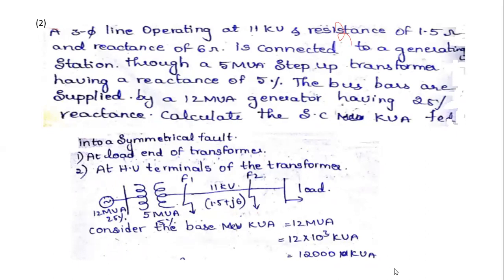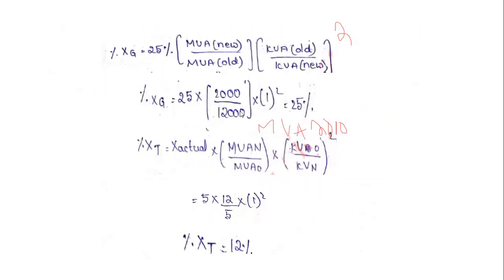In this question, the MVA rating is 2000. Then we substitute 2000 by 12,000 into 11 by 11 whole square. That is equal to 25%.